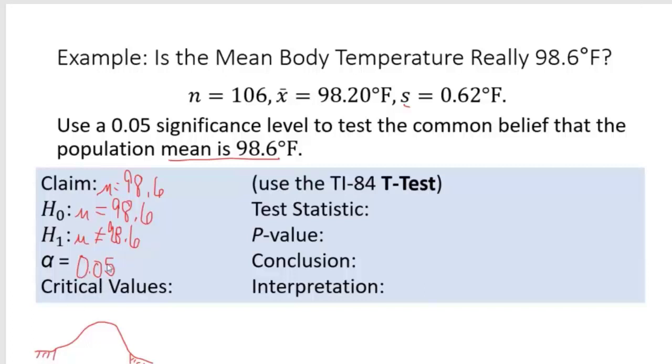Since alpha is 0.05 altogether, then that means that this must be half of that. So like alpha over 2, which means this tail will involve 0.025 in the tail, and this tail involves 0.025 in the tail. So don't forget, when I pull up this inverse T to get my critical values, I have to do an area to the left. So when I put in this value, it's going to give me this number.